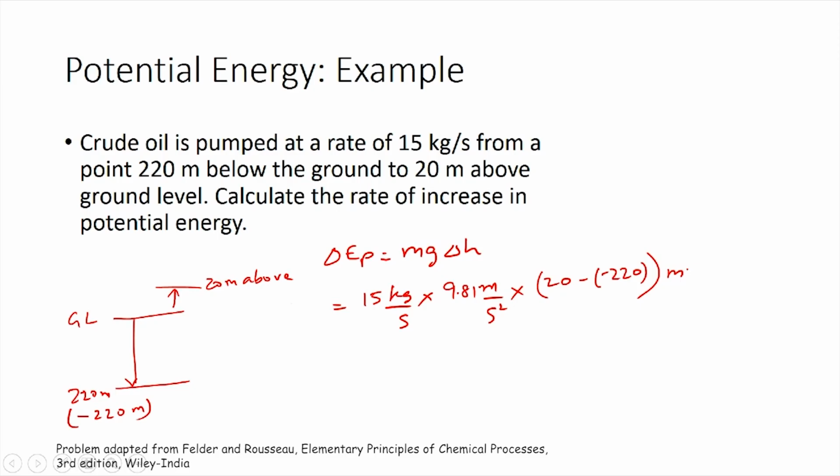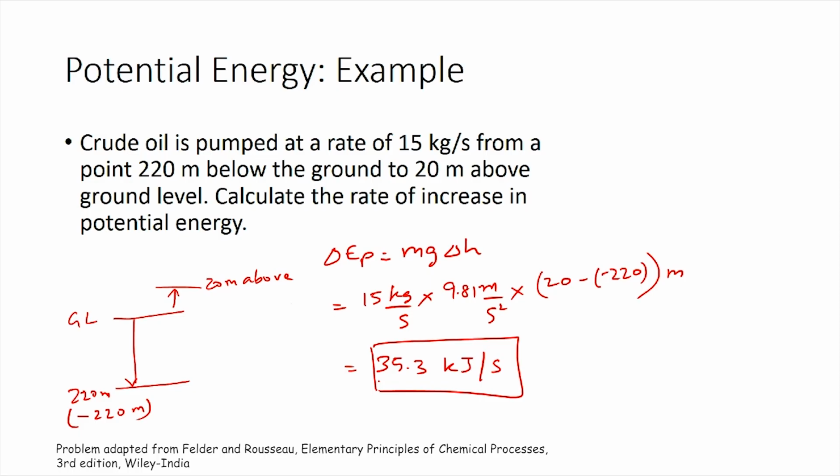So, finally, we can calculate this value to get 35.3 kilojoules per second as the change in potential energy during this process. With this, we have performed example problems which are simple enough, where we can calculate kinetic and potential energies.